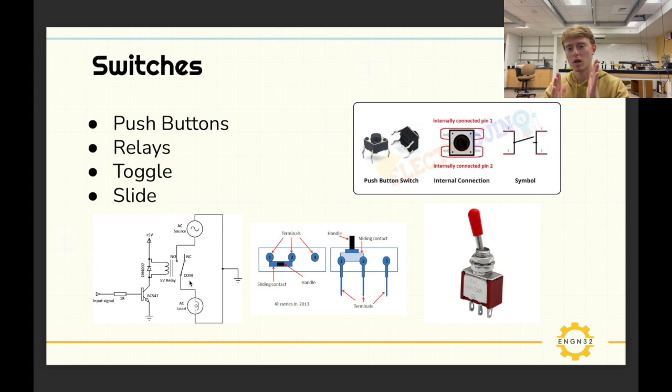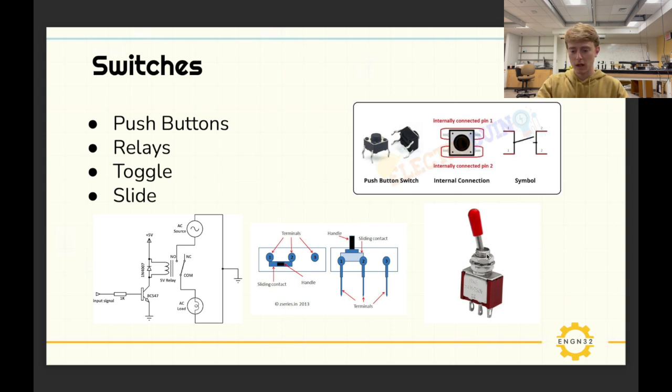It's very simple. I have a magnet that I turn on and off, and I can slam contacts into each other to complete the circuit. Toggle. A toggle switch is what we're going to be using for the demo, and you can see a picture of it on the slide, and I'll show it when we get to the demo part. It's just a little switch. You switch back and forth, and that's all it is.